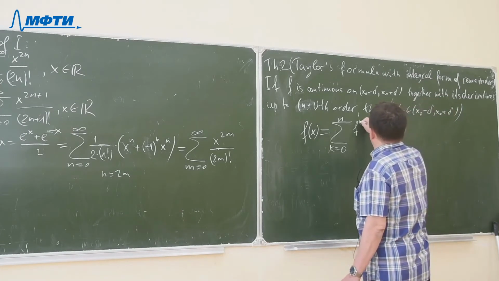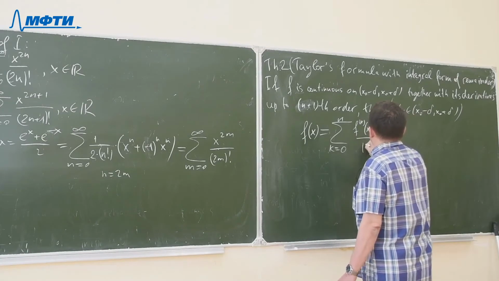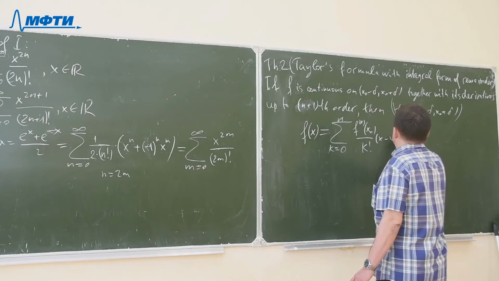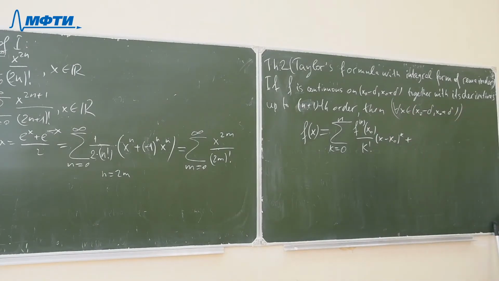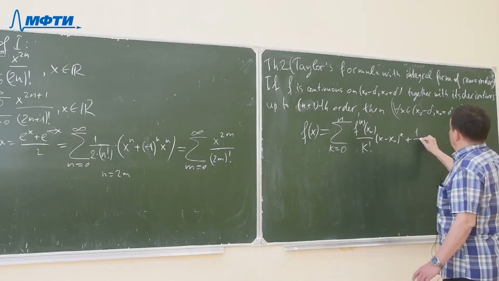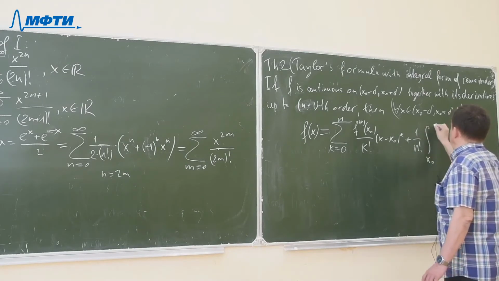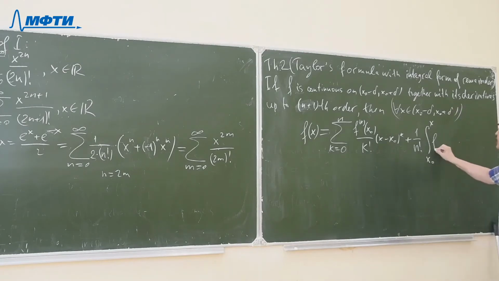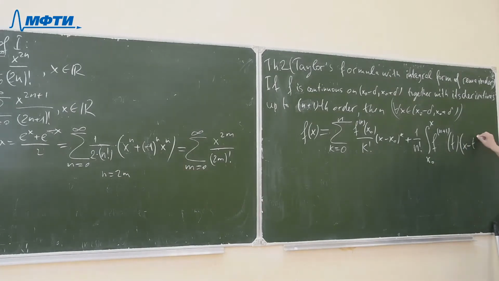Sum over k, derivative of order k at x naught over k factorial, x minus x naught power k, plus 1 over n factorial integral from x naught up to x, derivative of order n plus 1 of t times x minus t to the power n dt.